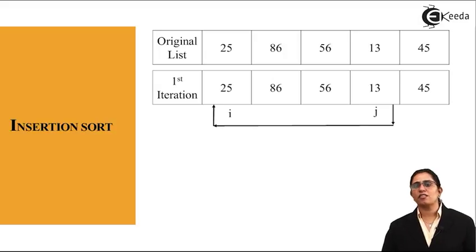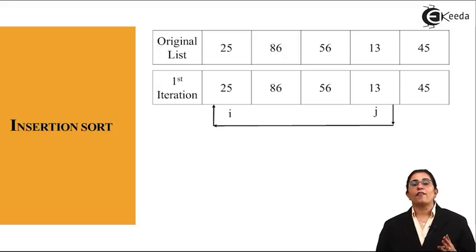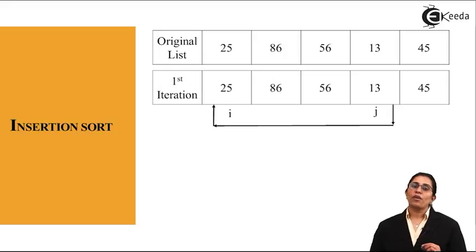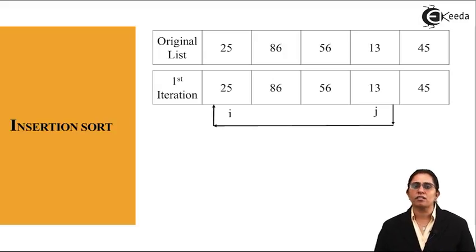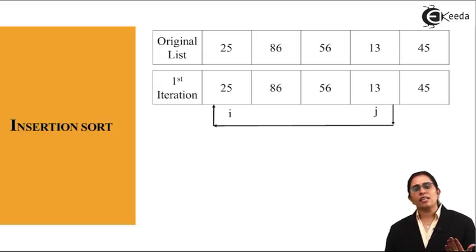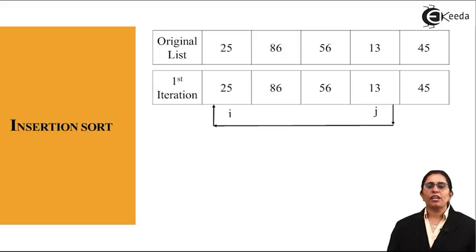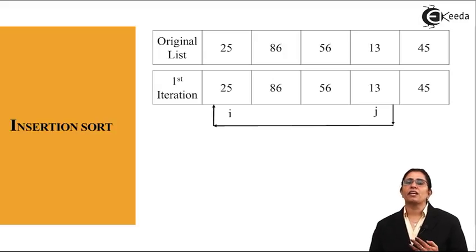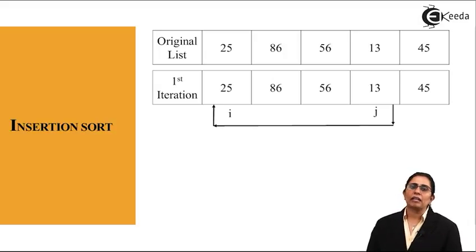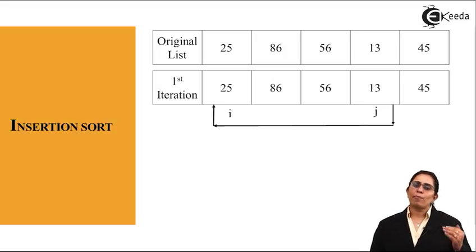Now what happens in this method is, my 13 has to be moved to the location of 25 and all the rest of my elements have to be shifted. A very simple example of this is, if a person has a deck of cards in hand with the same numbers 25, 86, 56, 13 and 45, we have to remove the card 13 from its location and place it first.